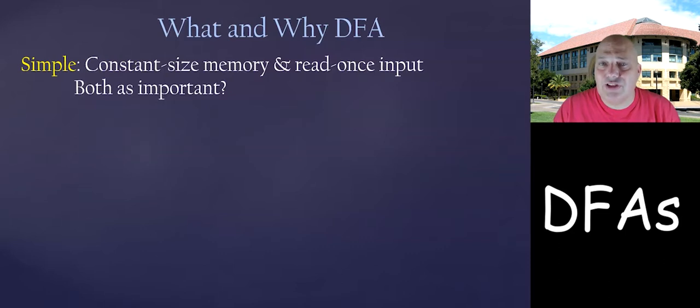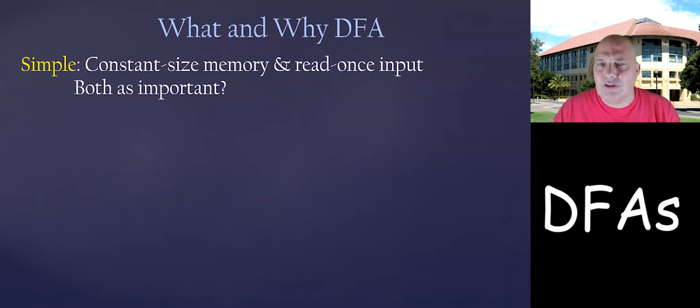We can ask, are these two aspects equally important? Does the power of DFAs change when you change one and not the other? Well, definitely if you add memory, then you get something stronger, which we will show in the class. So constant size memory is important to being a DFA. But what about the read once input?